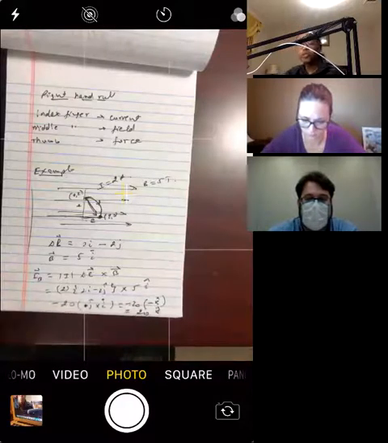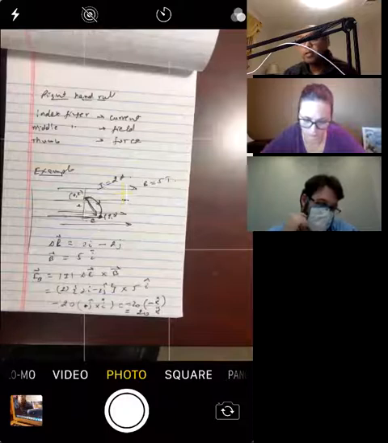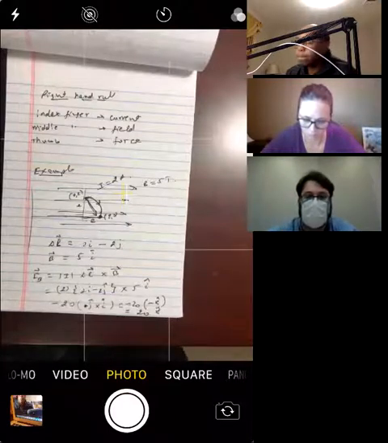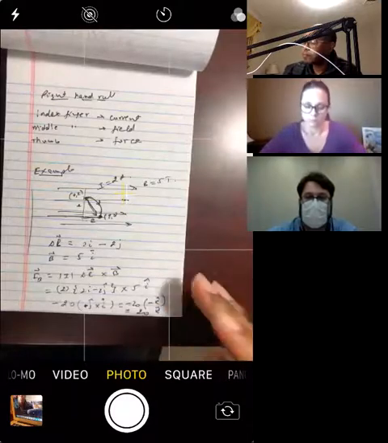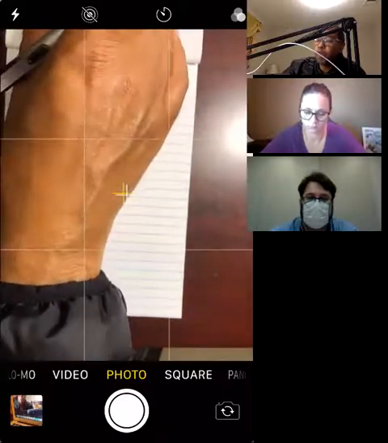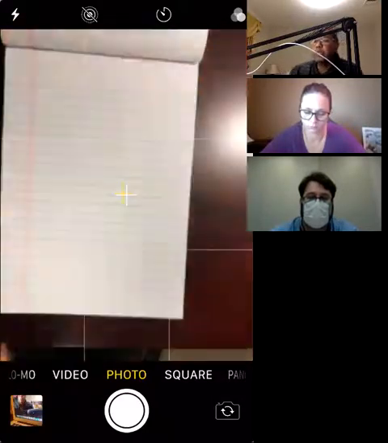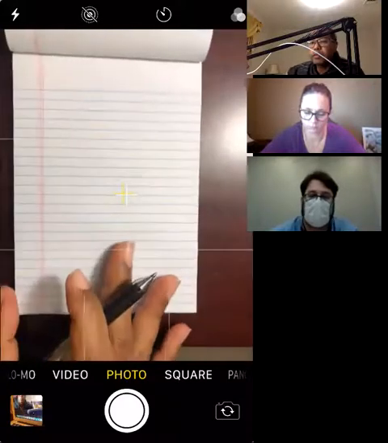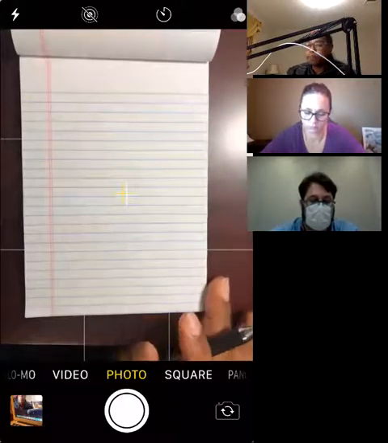So the force exerted on this one is perpendicularly out in the k direction. So that's how we calculate magnetic force on a current carrying wire. It is delta L crossed with the magnetic field, and then of course times the current.